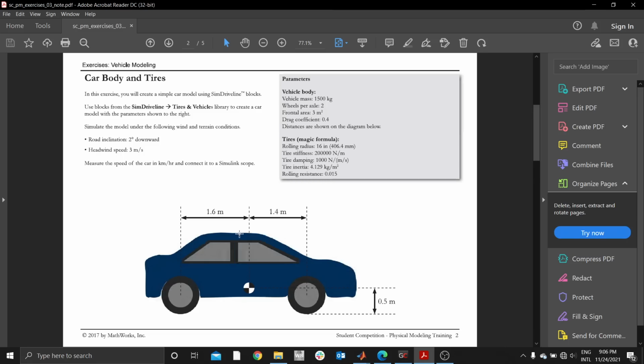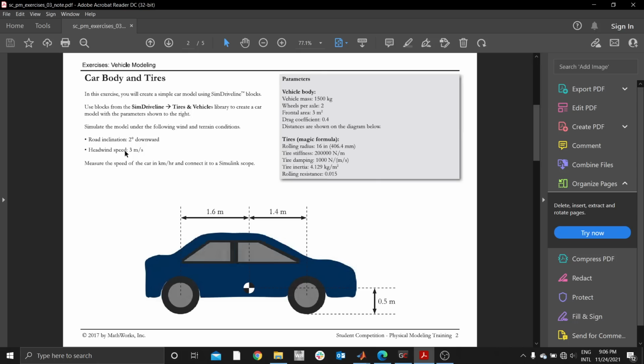We can simulate what happens when a car is moving and a road has an inclination of 2 degrees downward. Then we start from a flat road with 0 degrees, then we vary the inclination from negative to positive and start analyzing the car parameters.